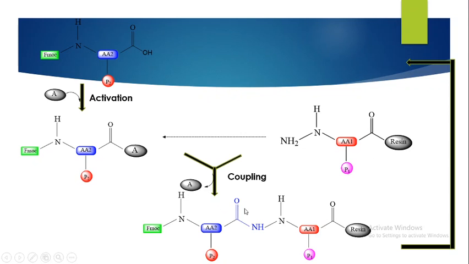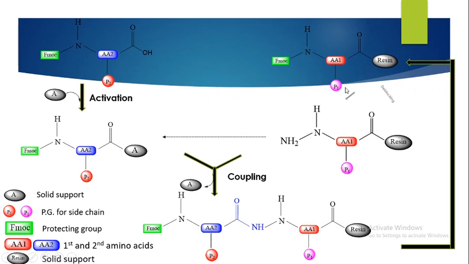This is the first peptide, and after the repetition here we get the protected form of amino acid first in which the amine group is protected. So for the repetition of this reaction there is a need to deprotect this FMOC group.